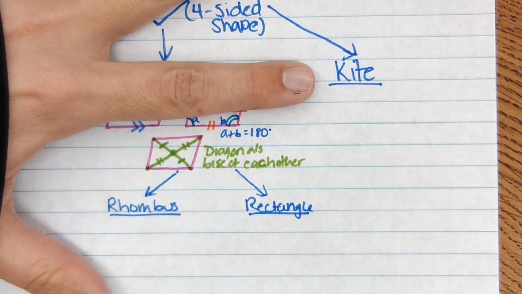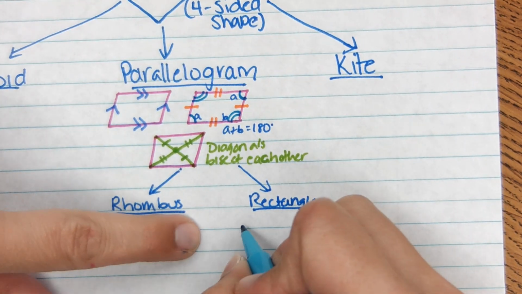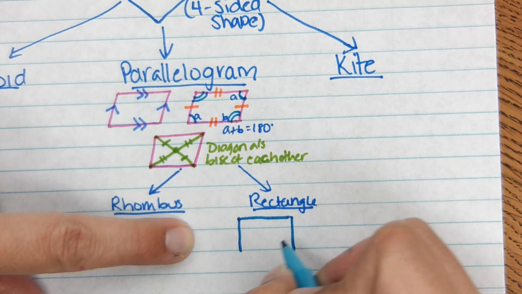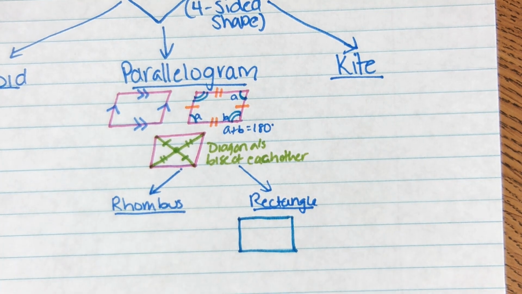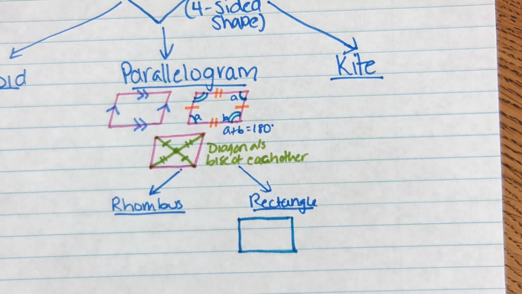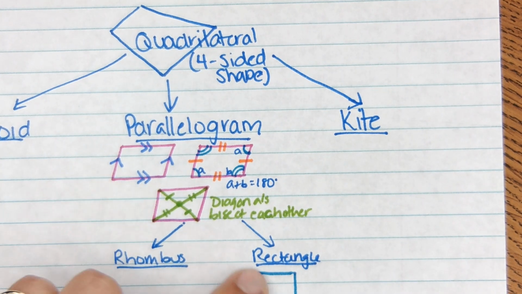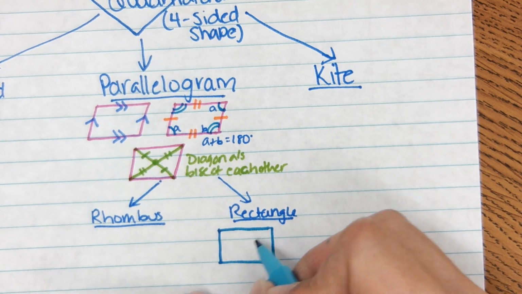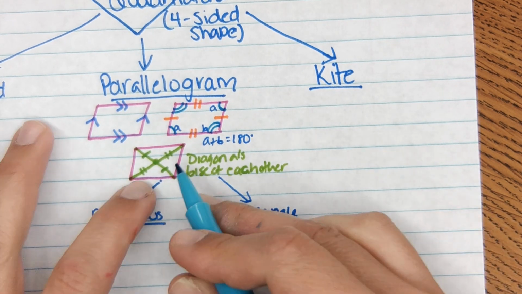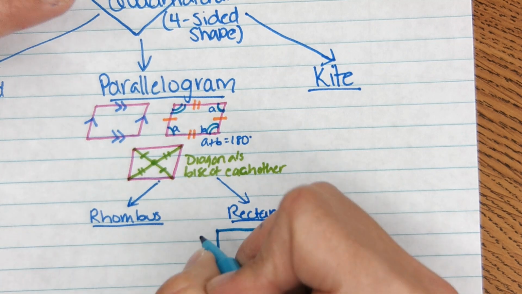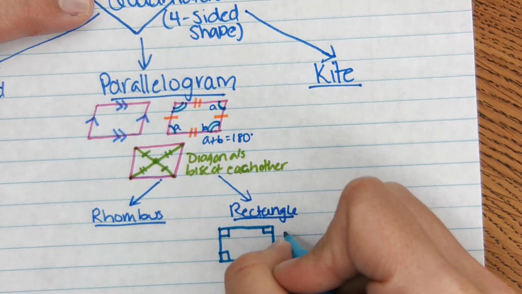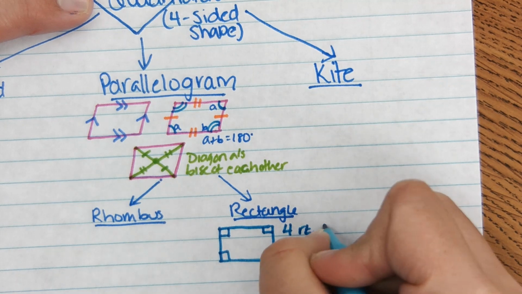So for a rectangle, we'll start there since it's probably more familiar to you. A rectangle looks like this, as you know. And for a rectangle, opposite sides are parallel, opposite sides are equal, the opposite angles are equal, the diagonals bisect each other, and then in addition, it has 4 90-degree angles, 4 right angles.